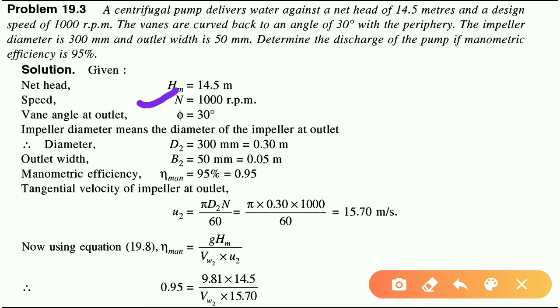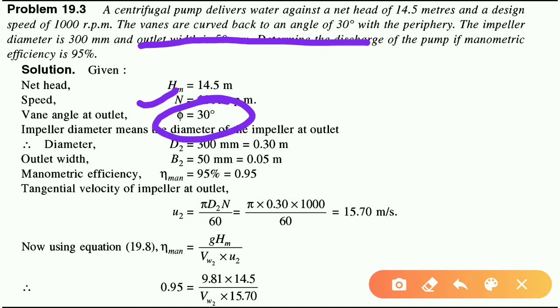The vane angle at the outlet, as it is given that the vanes are curved back to an angle of 30 degree, so this is the angle of the relative velocity with the direction of the vanes. So it is 30 degree. So the value of phi is 30 degree.